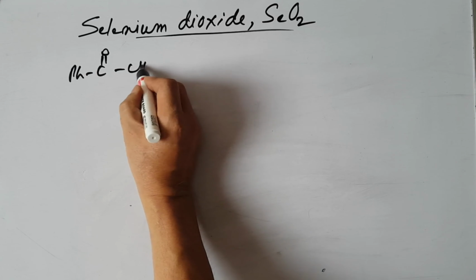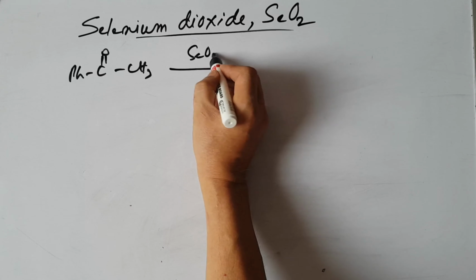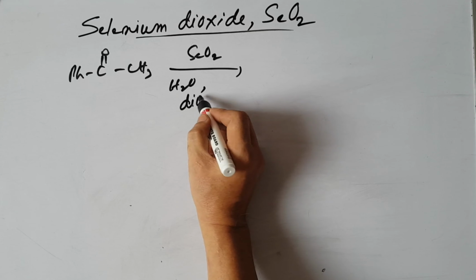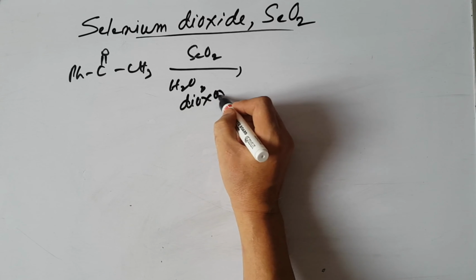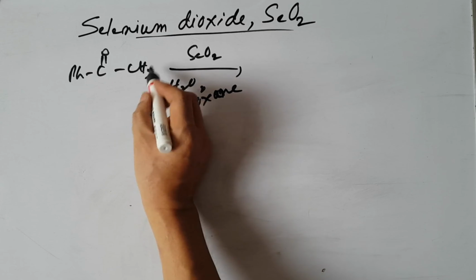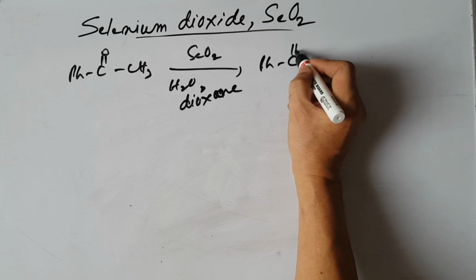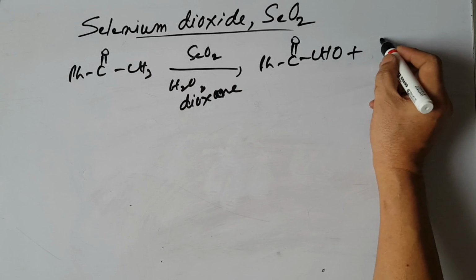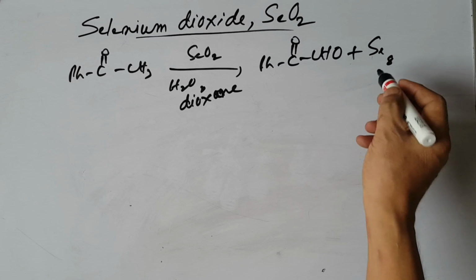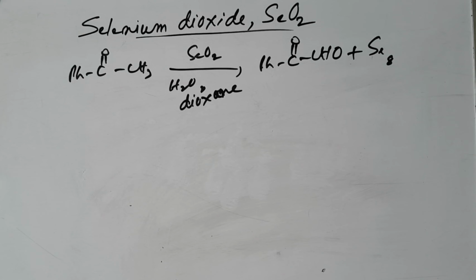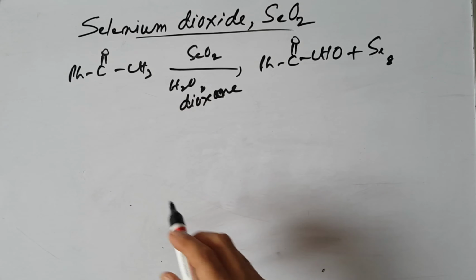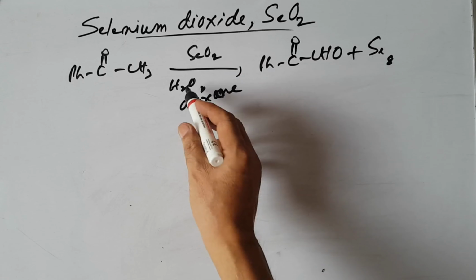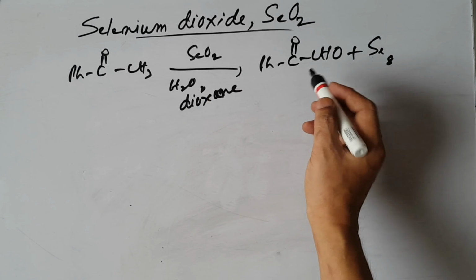When it reacts with selenium dioxide in the presence of water and dioxane as a solvent, it gives phenyl CO, the active methylene oxidized product, plus selenium metal, which is black in color. So acetophenone is oxidized with selenium dioxide in the presence of water to this compound.